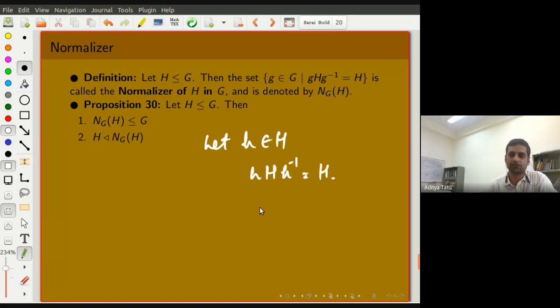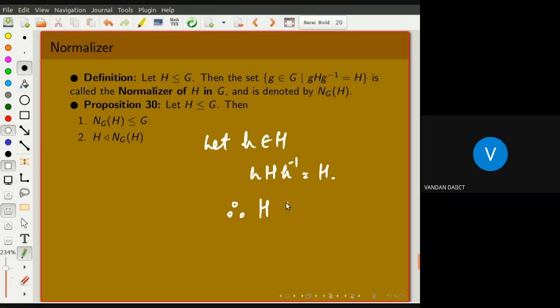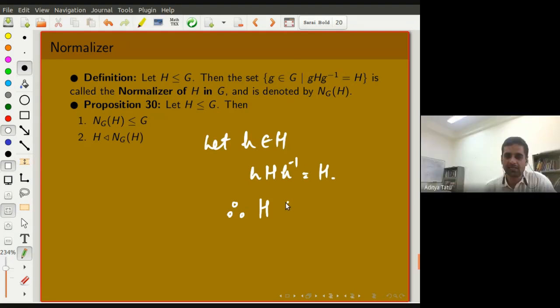So therefore, what have we shown? That this subgroup H is a subset of the normalizer, and of course it will also be a subgroup of this. Not only this, H has to be a normal subgroup of N_G(H).